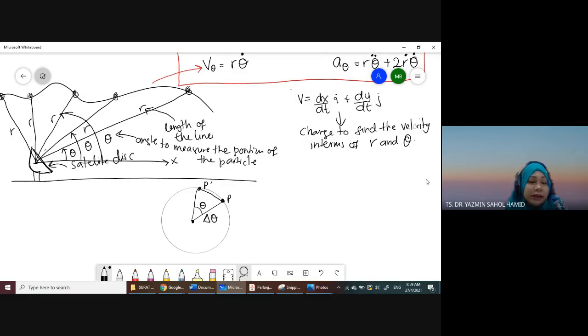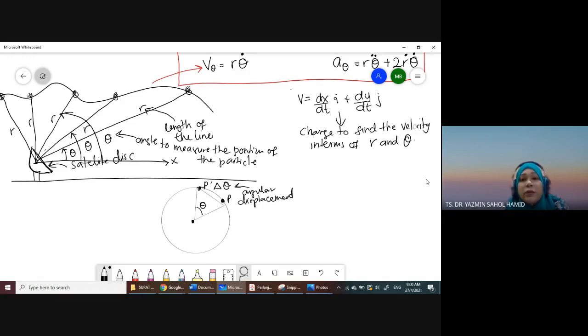This theta is the angular displacement. It means the change in position of theta. First it was at point P and then it turns to point P prime.